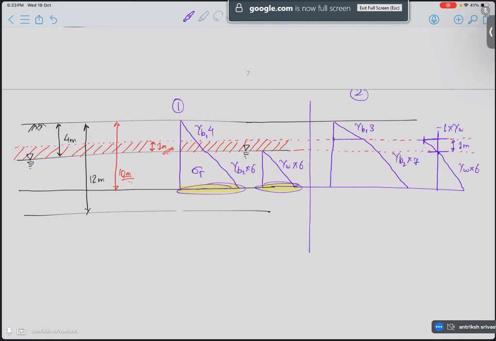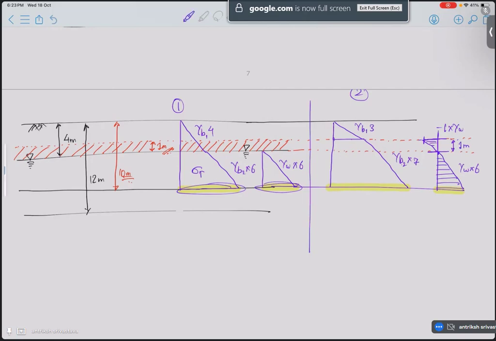The thing is, this is not going to affect the pore water pressure at 10 meter. It is just again going to be gamma W into 6 only. But the total stress has changed and that is going to change our effective stress.